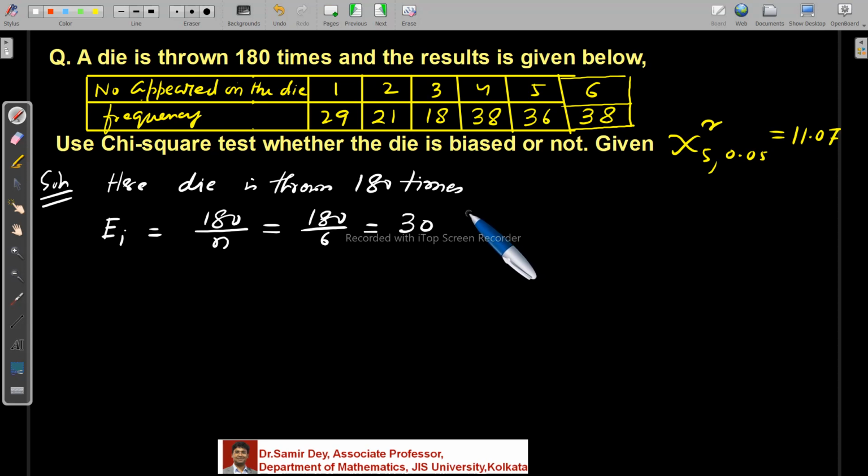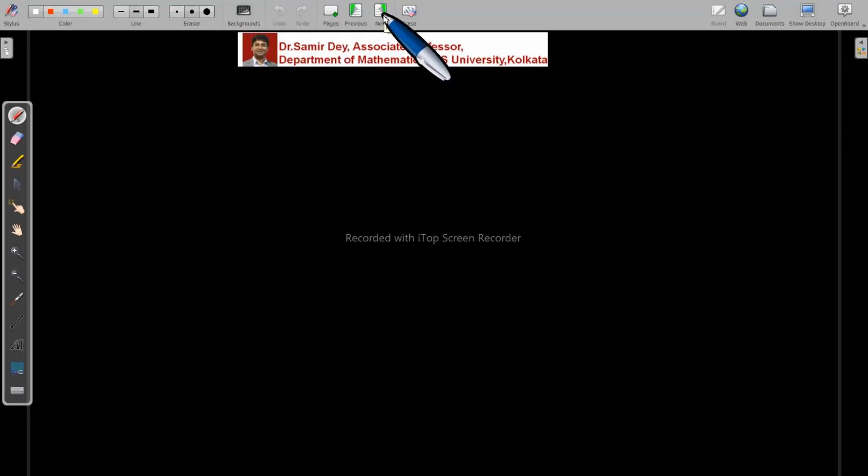Now we want to calculate one by one through a table. It will be better for you. Okay, it is your expected frequency. Now everyone please try to understand. It's very easy. First you write down your OI.